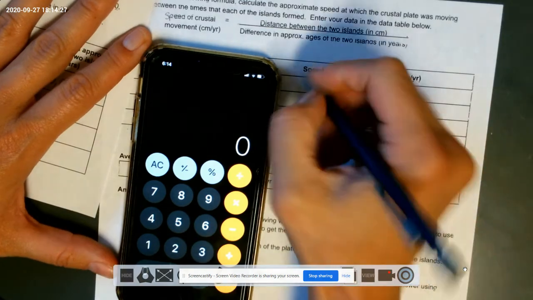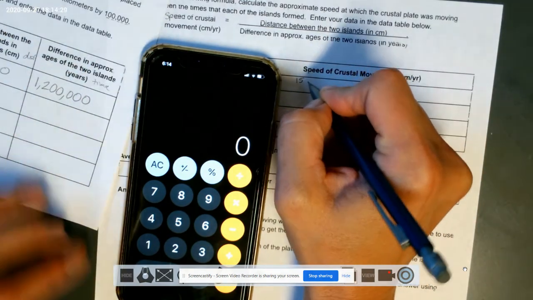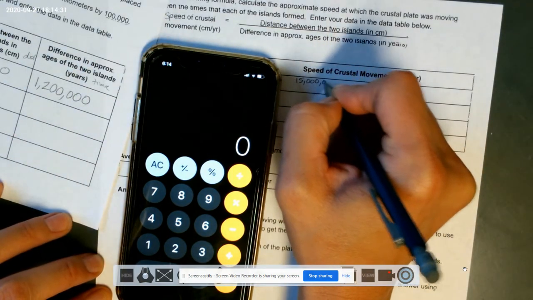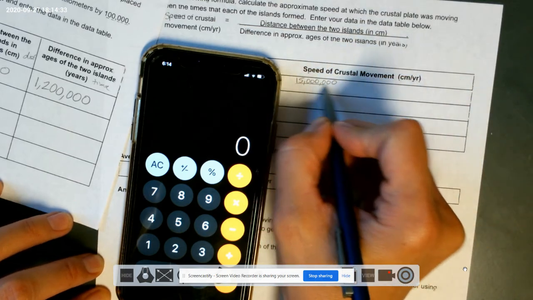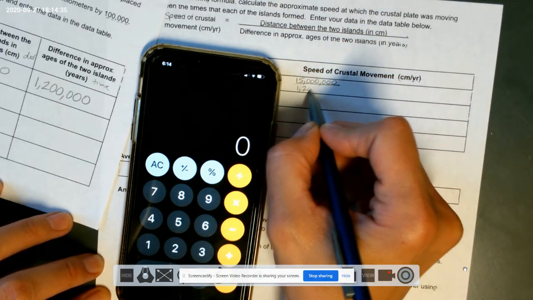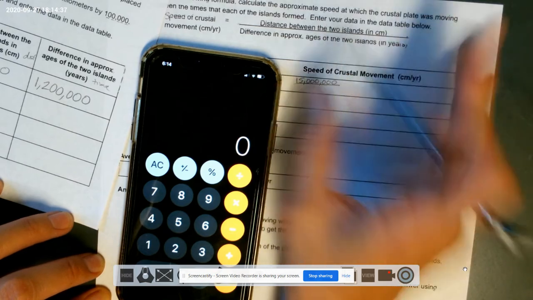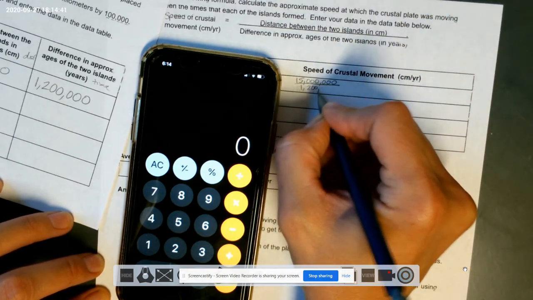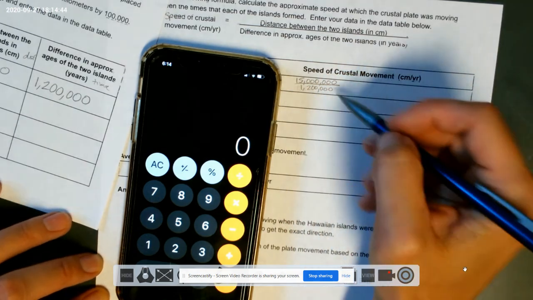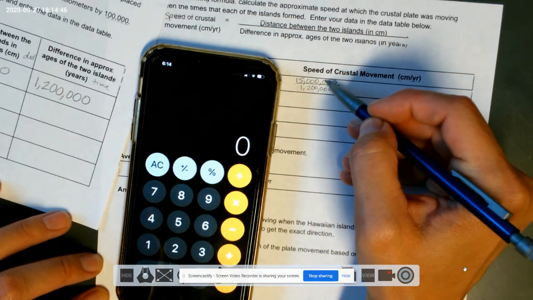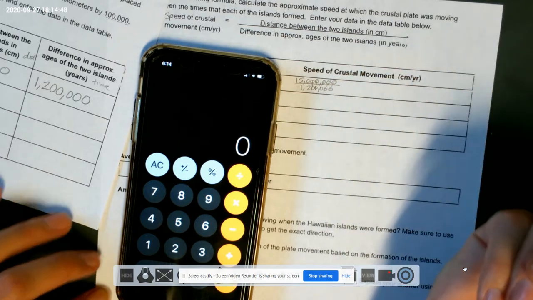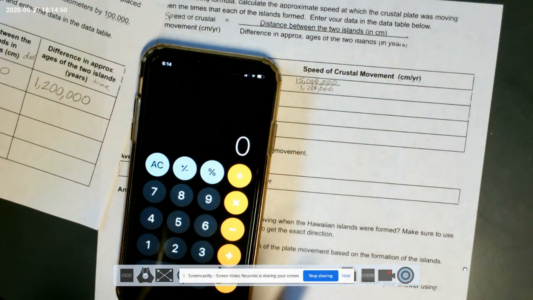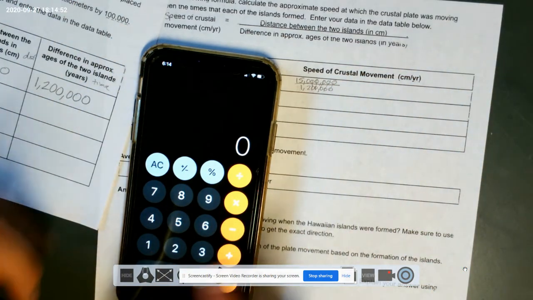So the equation we're going to use is 15 million divided by 1,200,000. Now you could just cross out all these lovely zeros, right? And you have 150 divided by 12. So I'm going to show you both ways.